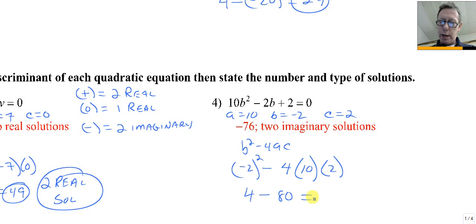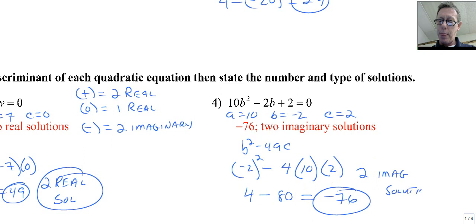So 4 minus 80 is going to be equal to -76. Since it's a negative number, I'm going to have 2 imaginary solutions. Next problem.